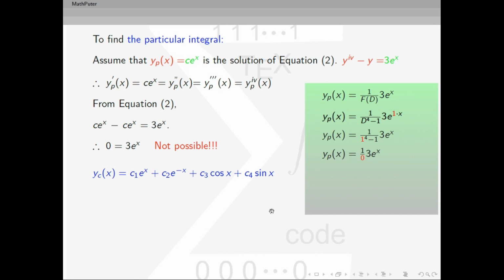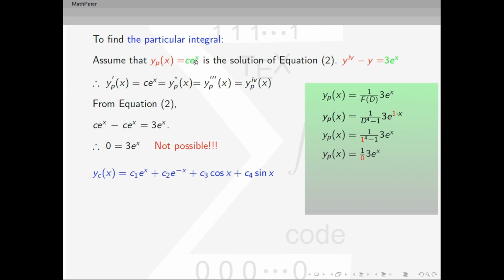So the right hand side is part of the complementary solution. Whenever this situation occurs, the same right hand side will not be our assumption. As we know, in the final solution yc(x) plus yp(x), all the functions must be different. But here the function e raised to x is part of the complementary solution. That's why this assumption is not working here.